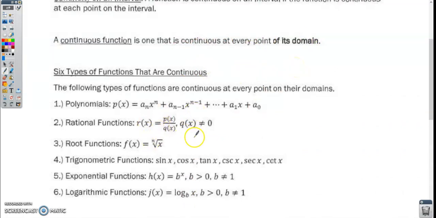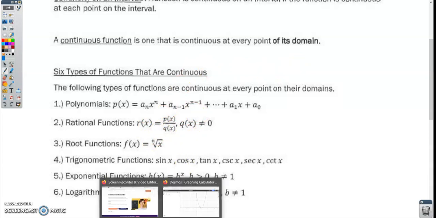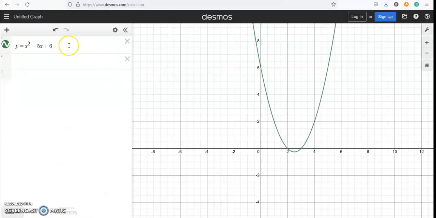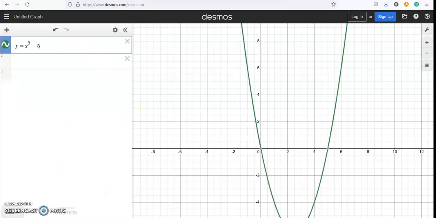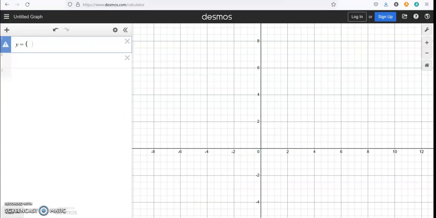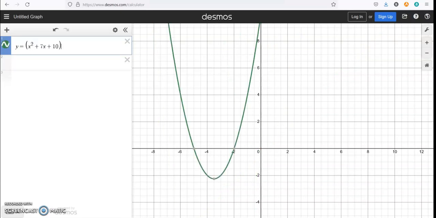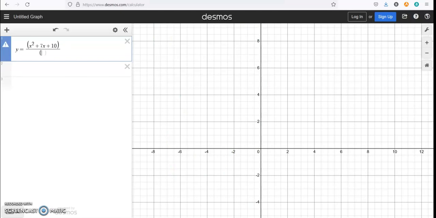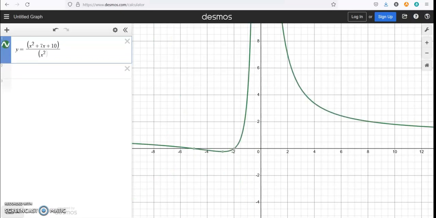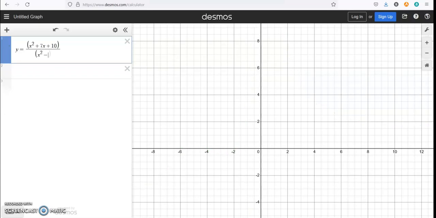Rational functions. Now those are a little different for us here. Suppose I take the rational function y equals x squared plus 7x plus 10 over x squared minus 4.